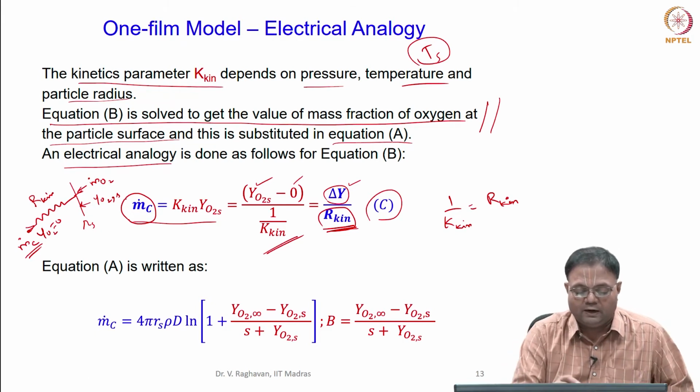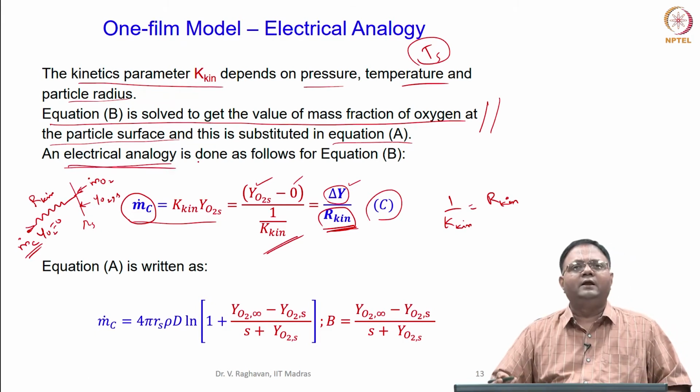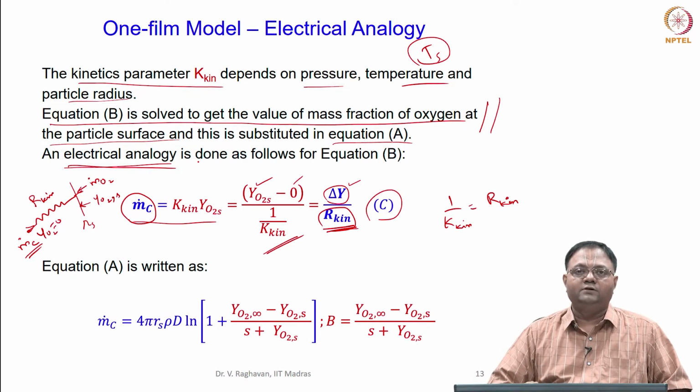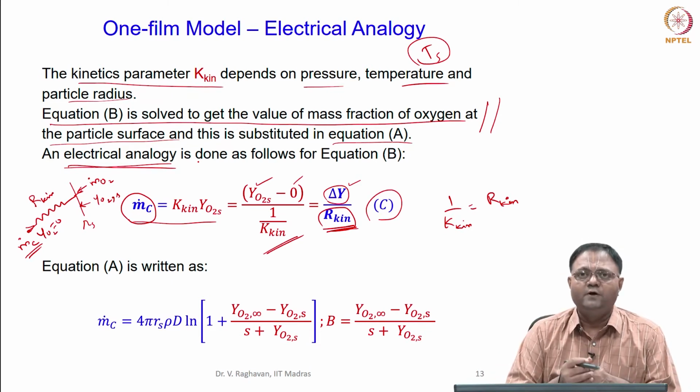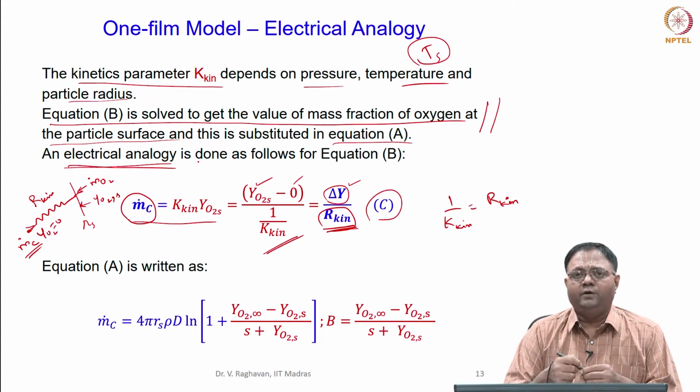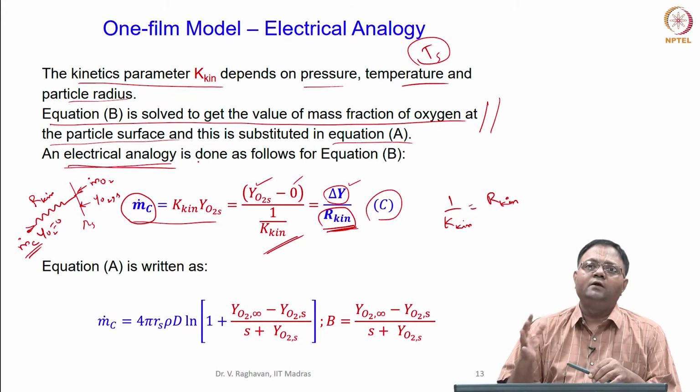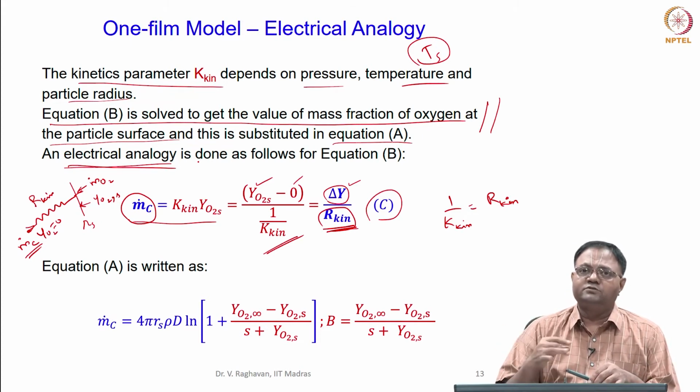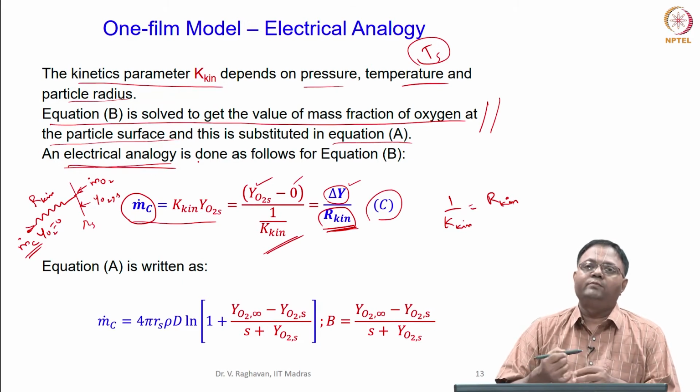So this is the electrical analogy which we make. Normally in heat transfer problems also we make this same analogy. Temperature difference is taken as a voltage difference, and the factors that affect the heat transfer are taken as resistance, and the heat flow itself is taken as current.